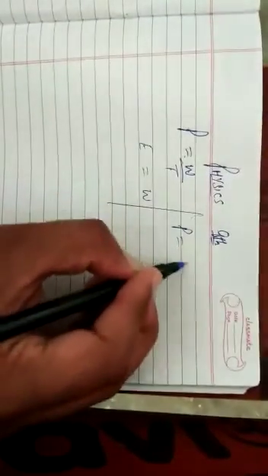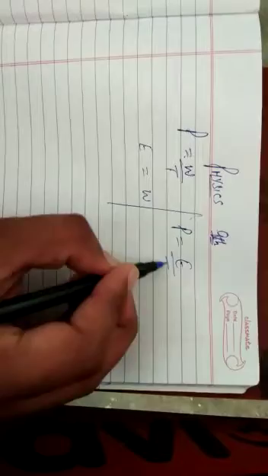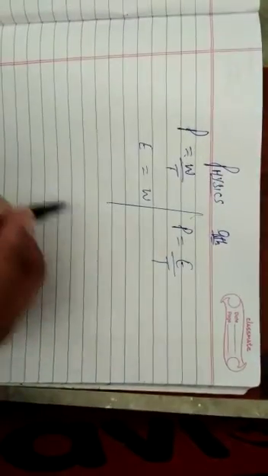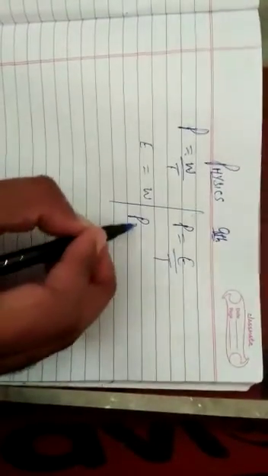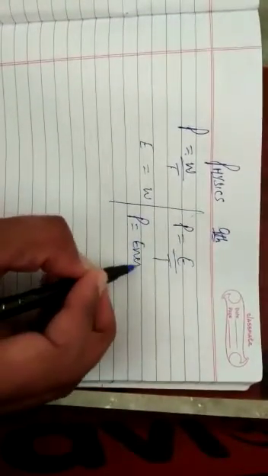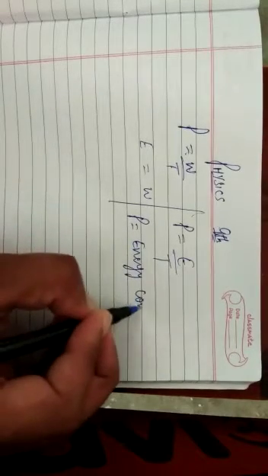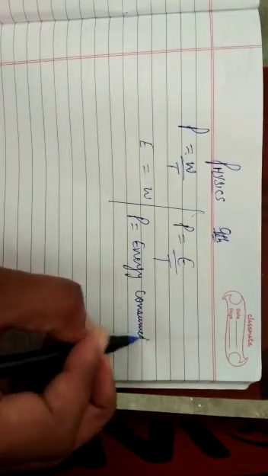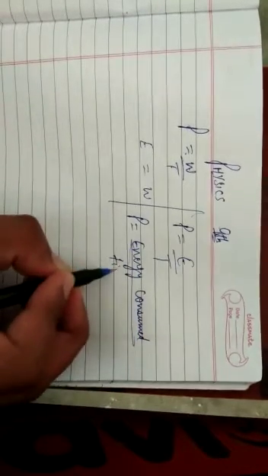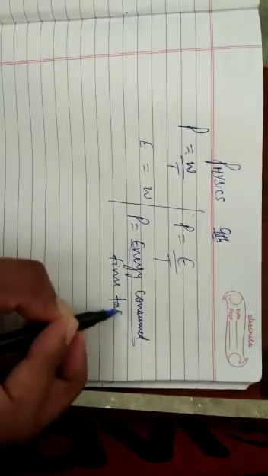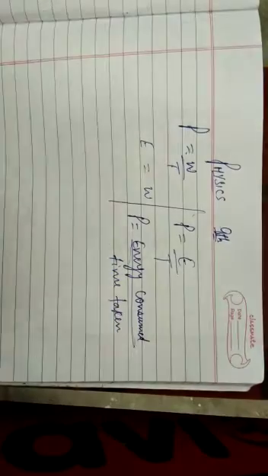So let me go for another definition of power. If it is energy per unit time, means power is equal to energy consumed per unit time taken.